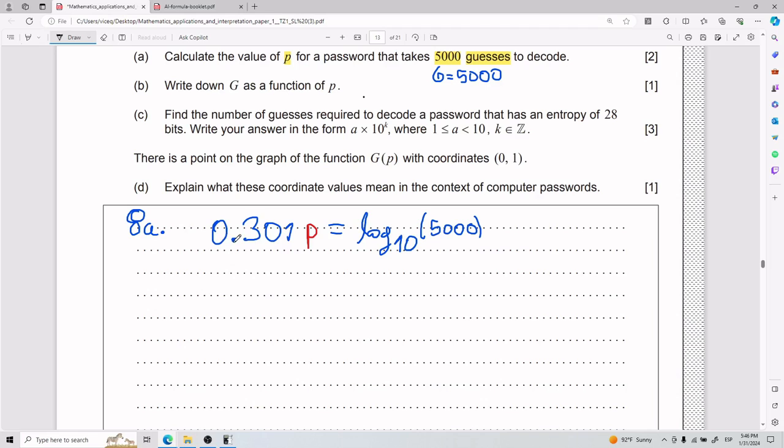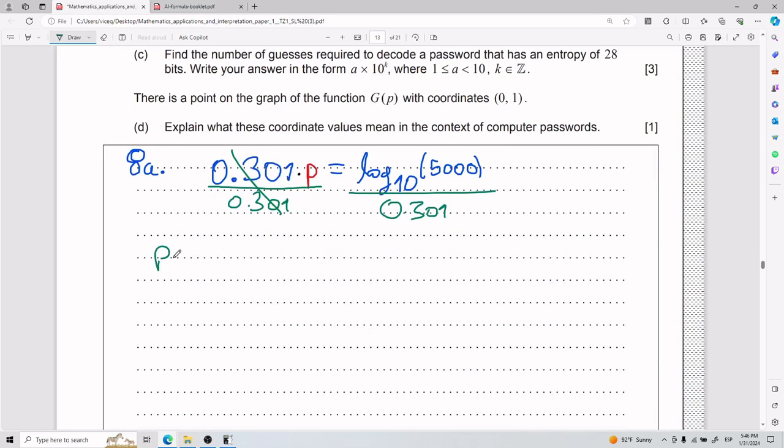It has a 0.301 right next to it being multiplied. That means you need to, what's the opposite of multiplying? Dividing. So you divide by 0.301. This goes away with this, and I end up with some number on the right side. So I end up with P equals log base 10 parentheses 5,000 divided by 0.301.